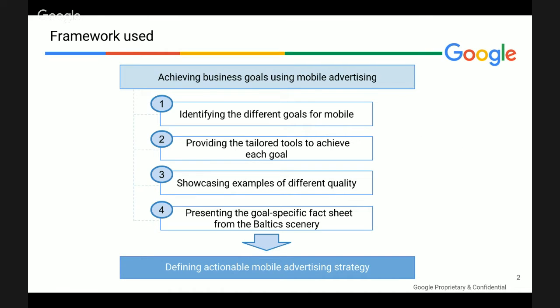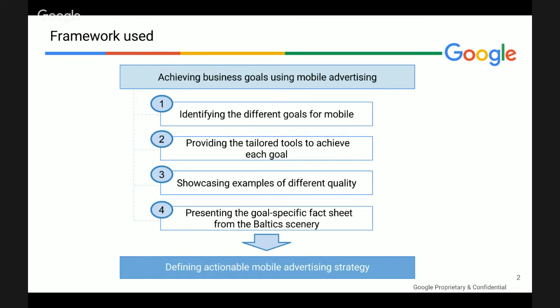So today's presentation is structured in the following way. At first, we'll look at the different goals that can be achieved using mobile advertising, and we will split each of the goals accordingly. Then we'll evaluate 4 parts of each of the goals. First, we'll identify the different goals that can be achieved using mobile advertising.